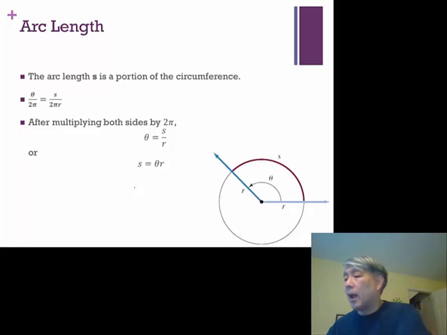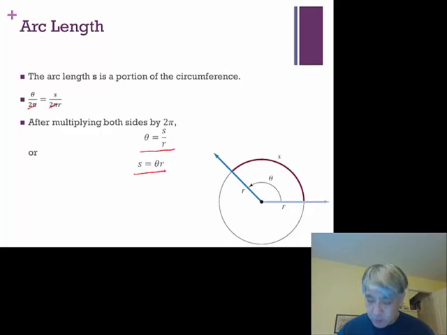After multiplying both sides by 2 pi to basically get rid of that, I end up with theta is equal to S over r. Or, to organize it, sometimes I'll also have that the arc length S is going to equal r times the angle theta in radians.